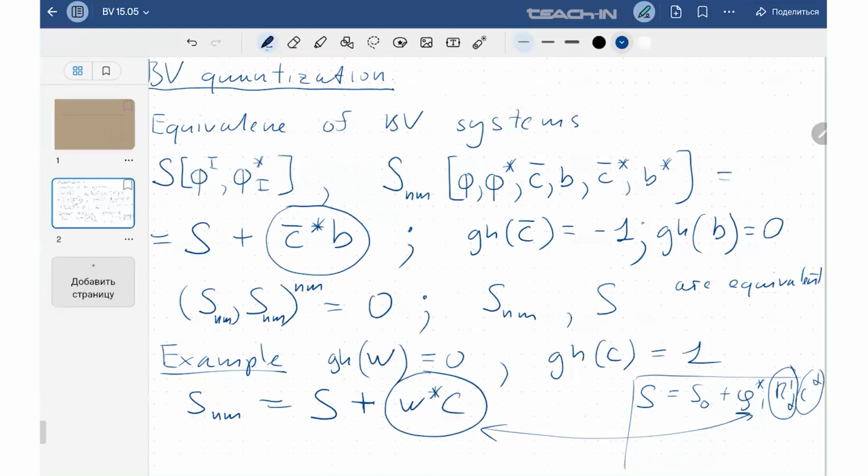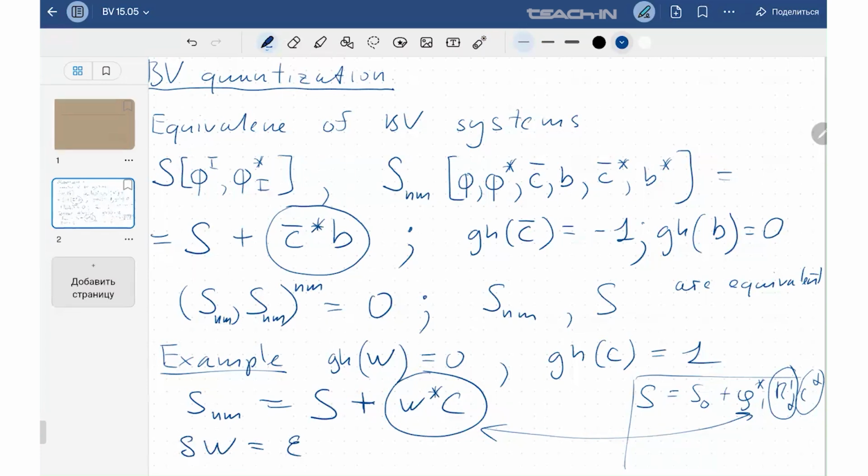So what this example tells us is that there is a gauge symmetry which acts like this. So this term encodes a gauge symmetry, which acts like this: delta W equals epsilon, where epsilon is a parameter associated to C, right?